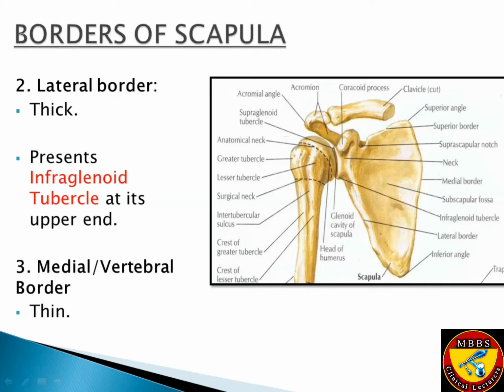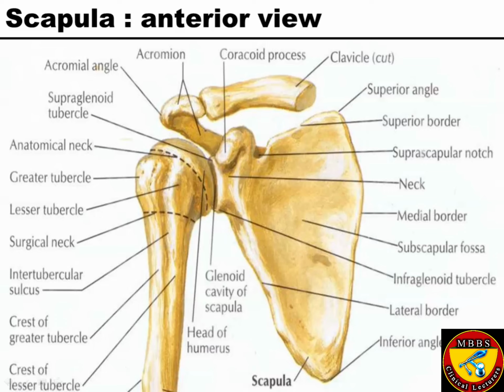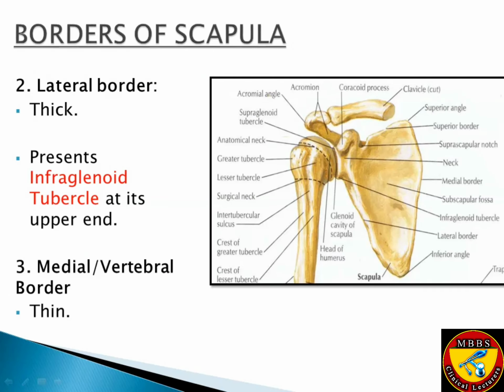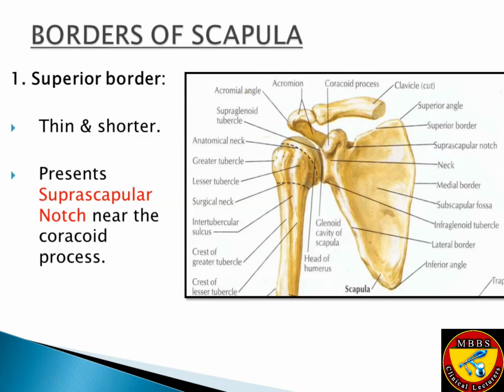This is the anterior view of the scapula, in which you can see clearly the three borders and the three angles. We are revising the features of the scapula on this image. We said that the scapula is a triangular bone. It has three angles: superior angle, inferior angle, and a lateral angle.